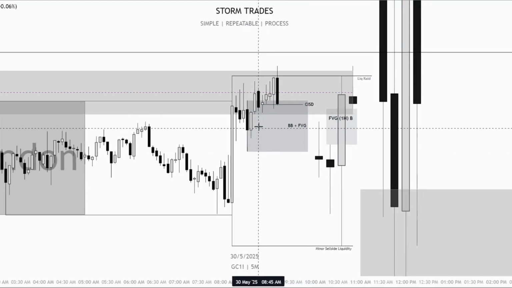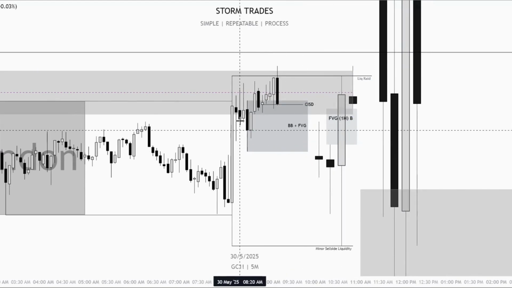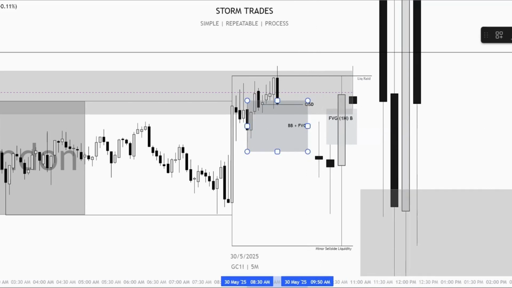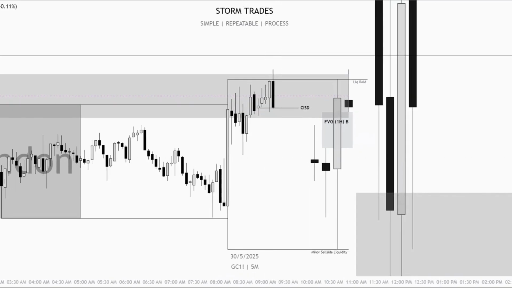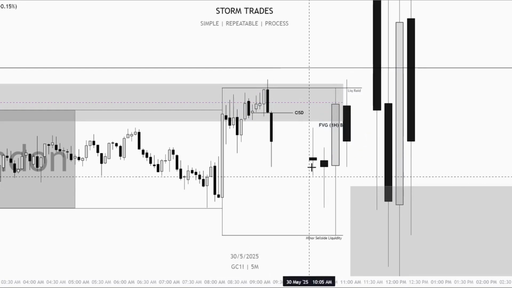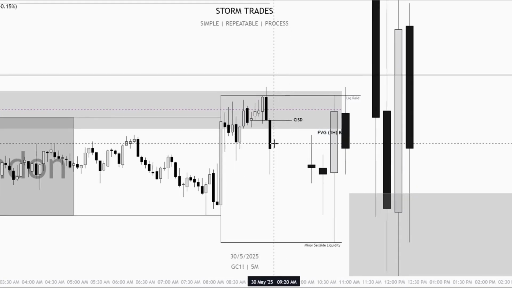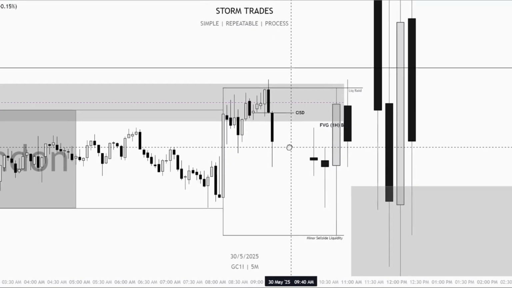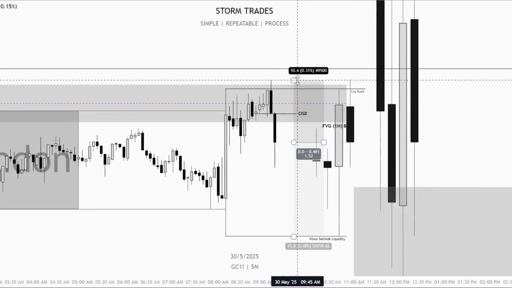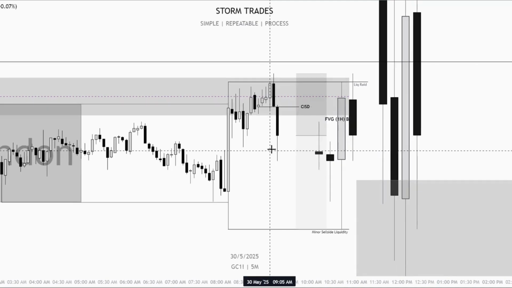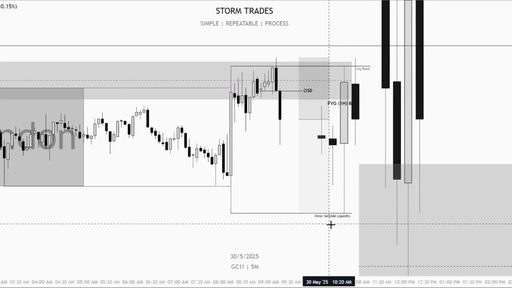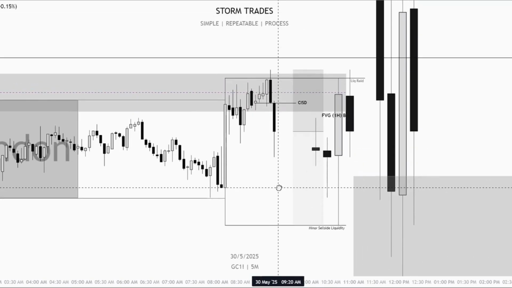I will note that we have a potential breaker block right here, but I'll come back to that as we've got an opportunity for a pyramid entry here. But first things first, the very next candle, we had a very strong close below this change in the state of delivery. I actually had a fairly high stop up here at the swing high, but it still gave me over 1.5 R if I got to this minor sell side.